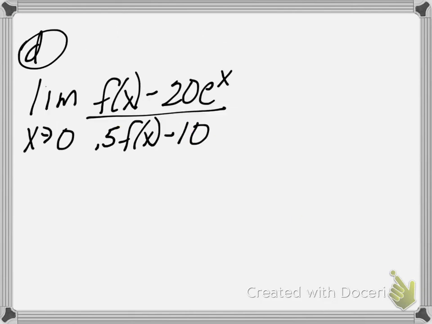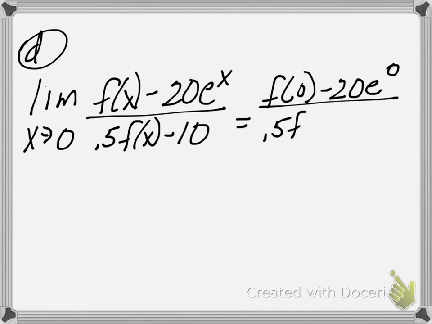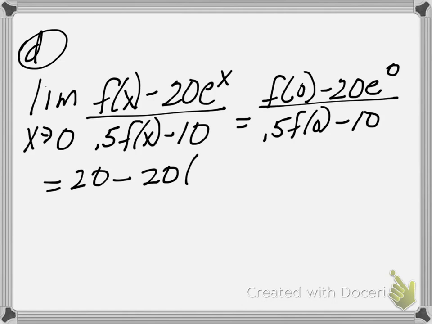Okay, and finally part D. We have a limit problem using that f of x, and so the first thing we always want to try is substitution. So we're going to substitute in 0 wherever we see an x. And f of 0 we knew was 20 from before, minus 20 times e to the 0, and anything to the 0 is always 1.